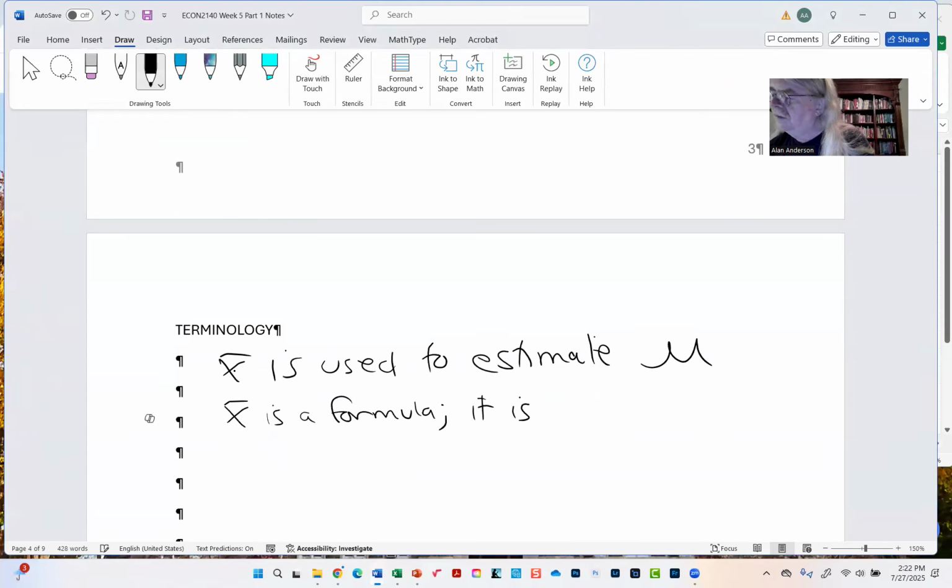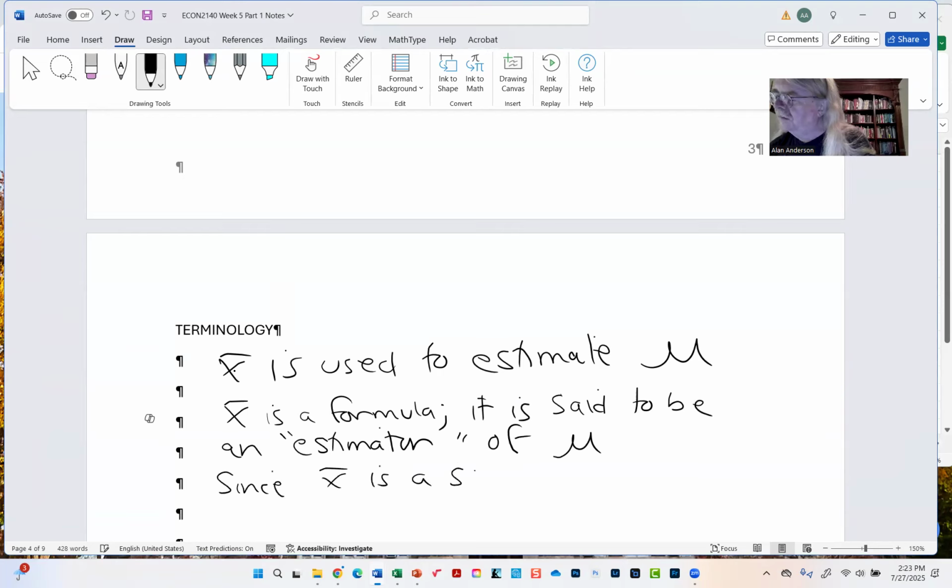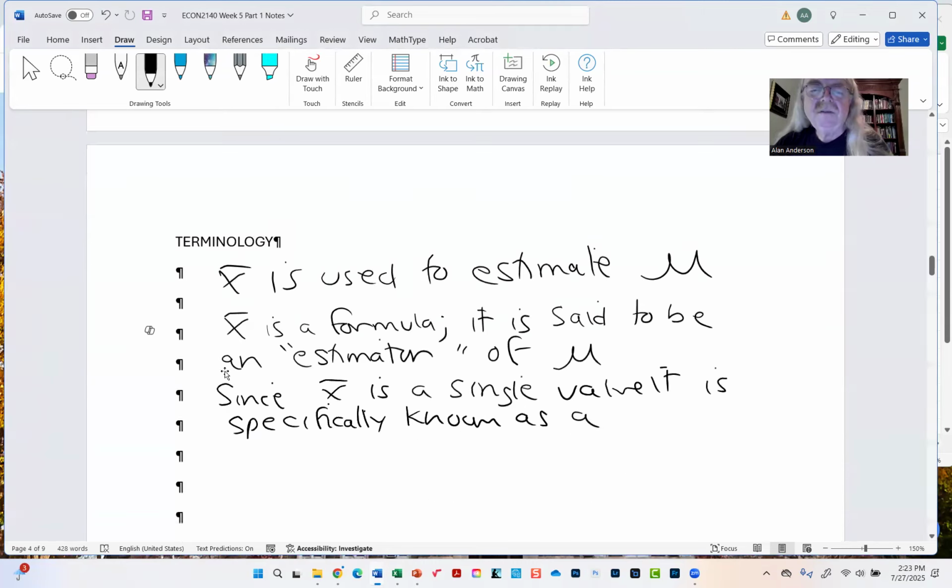It is said to be an estimator of mu, and since it's a single value, it is specifically known as a point estimator because of the fact that it's a single value.